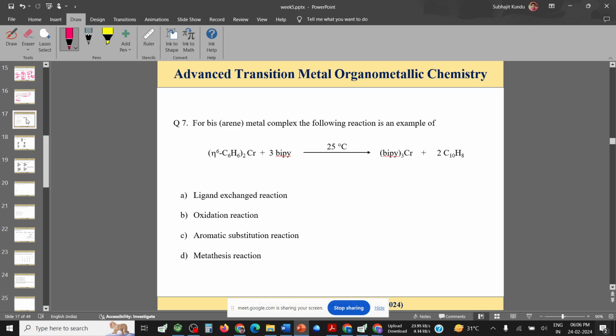This question is very simple to answer, but you need to know these types of reactions, which we have also observed in the cyclopentadienyl system. Here it is seen that the eta 6 C6H6 chromium, reacting with bipyridine, is converting into the bipyridine 3 chromium and C10H8 system.